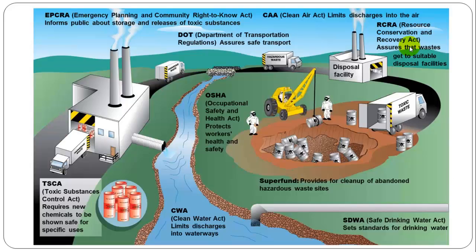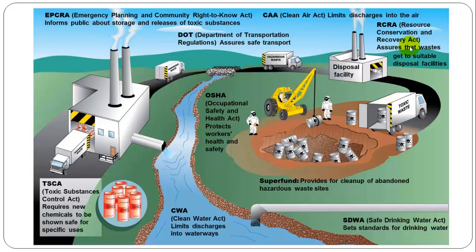So this is just a full figure showing everything that we have to help us with our hazardous waste. The EPCRA, Clean Air Act. There's also the Resource Conservation and Recovery Act. The Department of Transportation allows for the safe handling of hazardous materials.